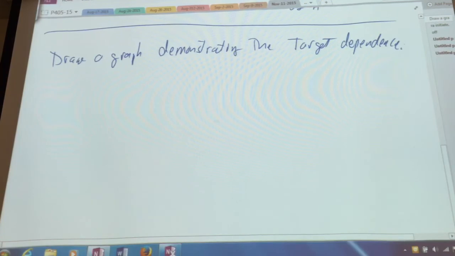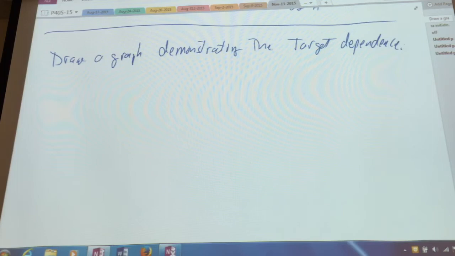Draw a graph demonstrating target dependence. It doesn't have to be quite as detailed as the one sample in the book, but it's a good one to have in mind. Something that illustrates the key features of large targets, heavy targets, and light targets.